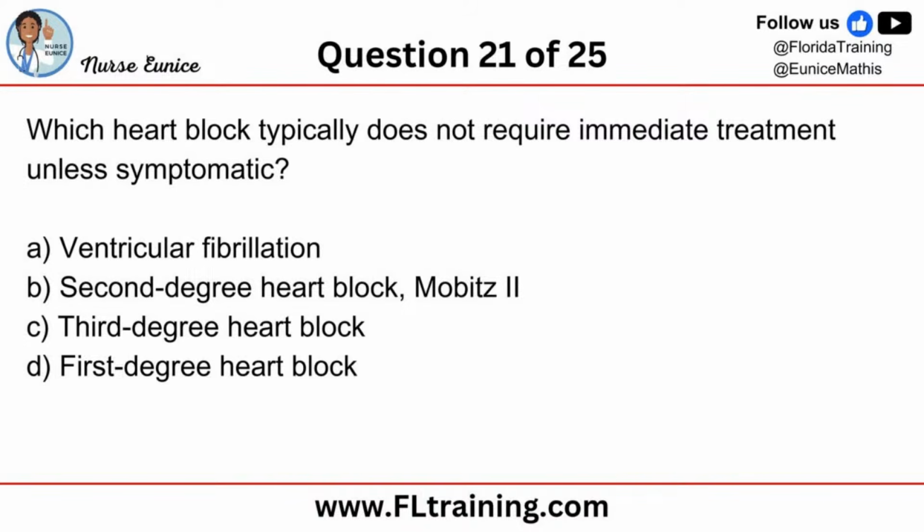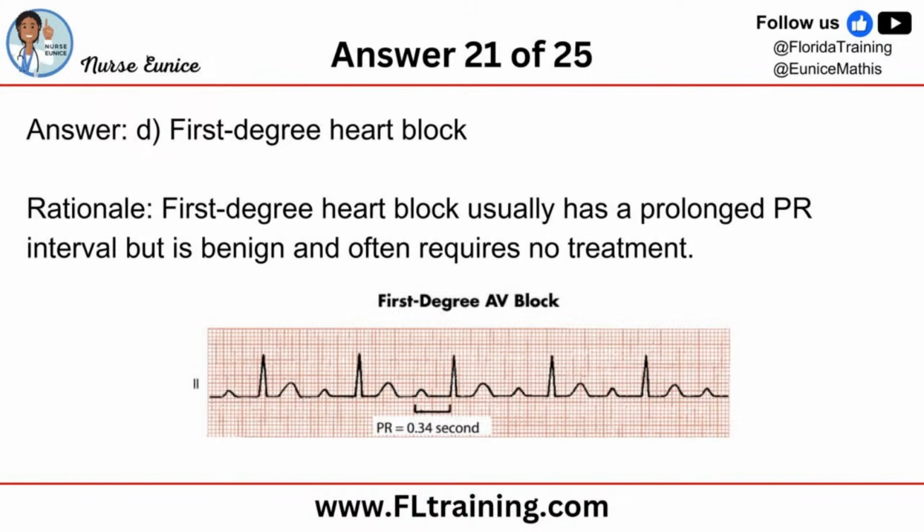So when you're learning your heart blocks, they have the degrees. Remember, third degree was complete heart block. That's an emergency. Second degree, we're kind of monitoring the patient. First degree, usually your patient is asymptomatic, so they're not dropping any QRS complexes. The heart rate is still normal.